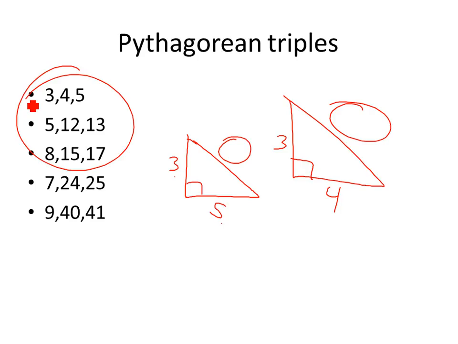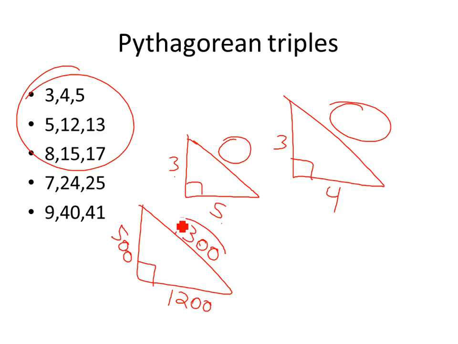And if you remember, it can be not just those, but any multiple of those. So if you see some triangle with a side 500 and another side 1200, can anybody tell me how long that hypotenuse is going to be? 1300. That'd be nice if you could pick that out, right?